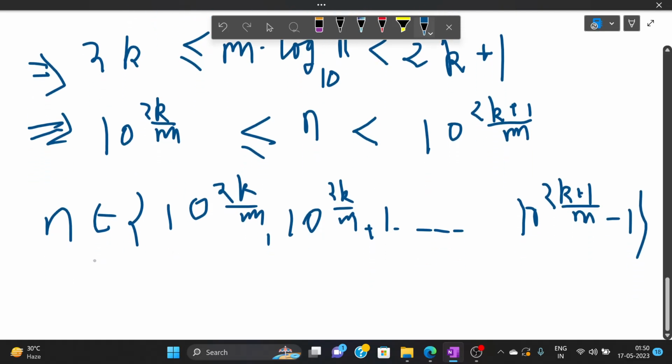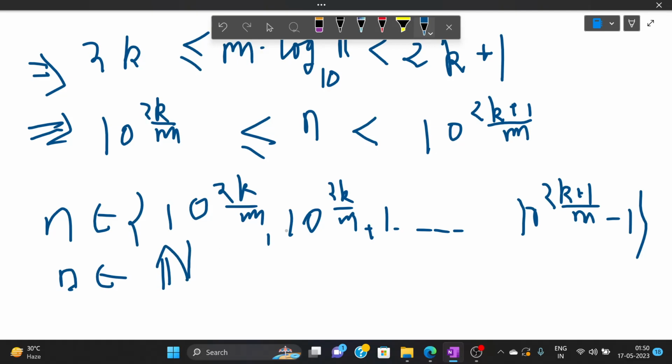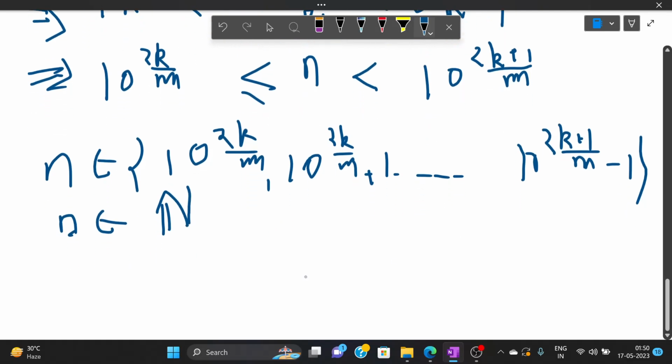These are all natural numbers, and we know that n is also a natural number. So if these all are natural numbers, then this surely implies that 10 to the power of 2k by m is a natural number.